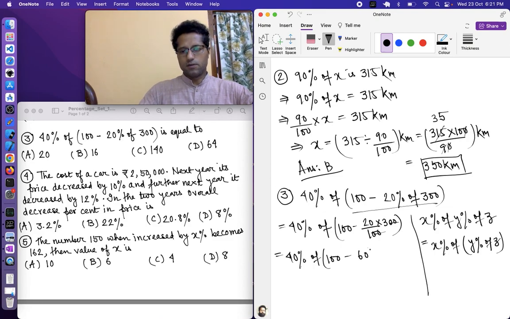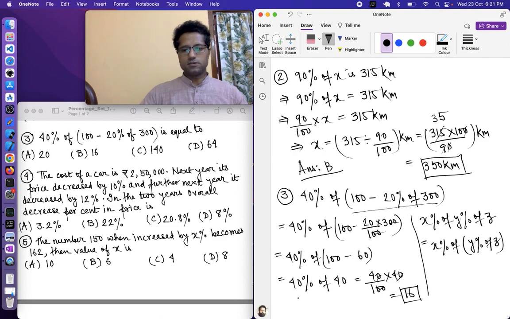So 100 minus 60. So this is now 40% of 40, which is equal to 40 by 100 multiplied by 40, and so this is equal to 16. So the final value is 16, and hence the correct choice is B. B is the correct choice.